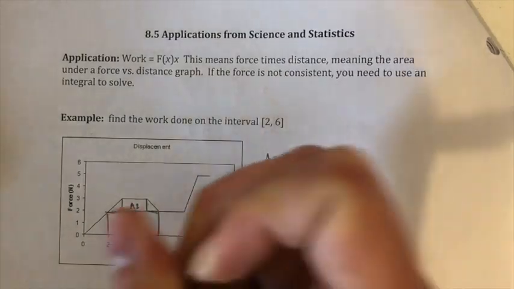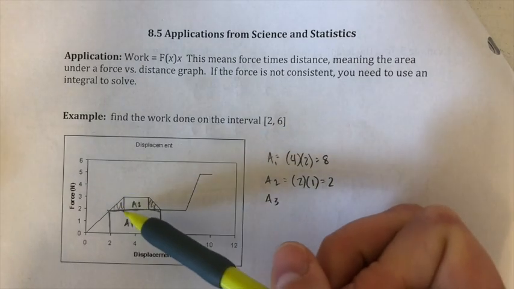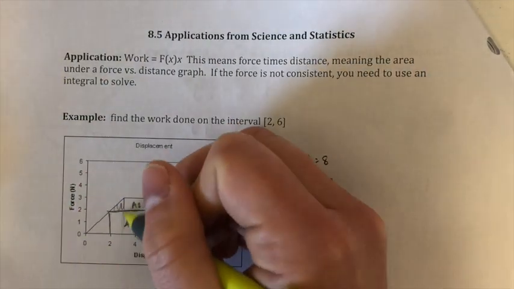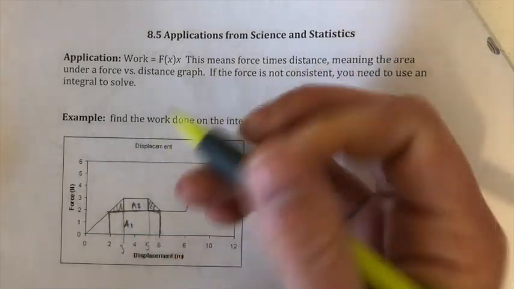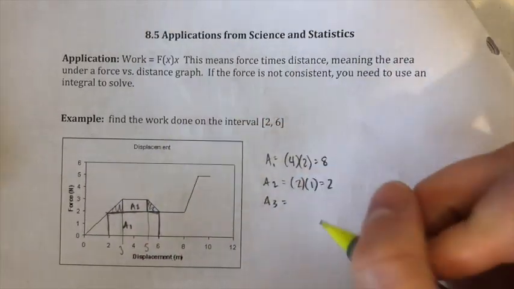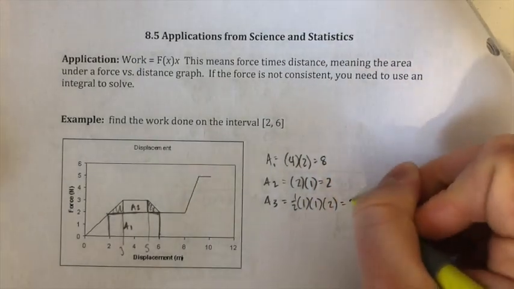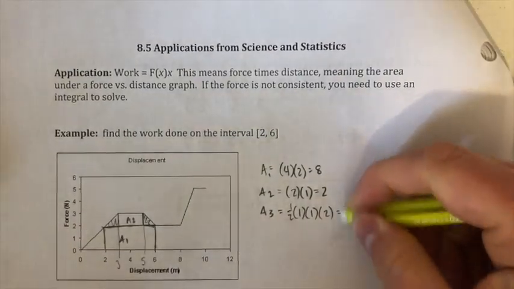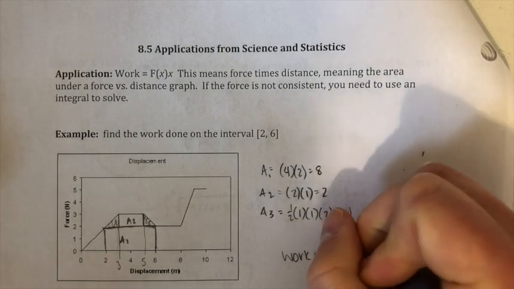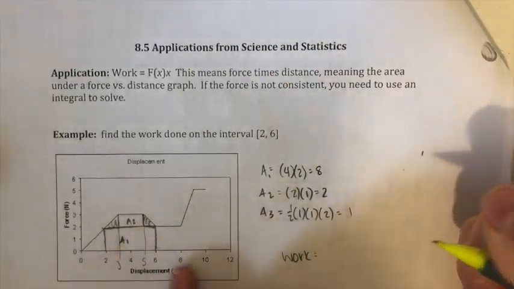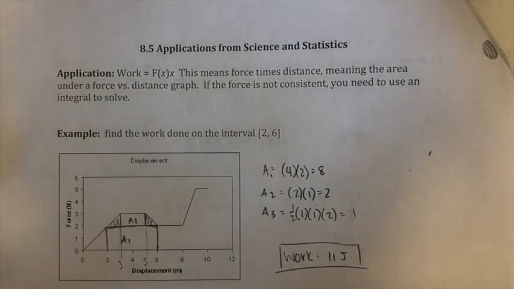And then area 3, I'm going to do both of these as area 3. If this is 3, which I'm assuming it is, and this is 5, each of these has a base of 1 and a height of 1, so 2 of them stuck together, so it's 1/2 times 1 times 1 times 2 because there's 2 of them. That's not a 2, it's a 1, my bad. Okay, so then the work from 2 to 6 is 11, and we know work is measured in joules.